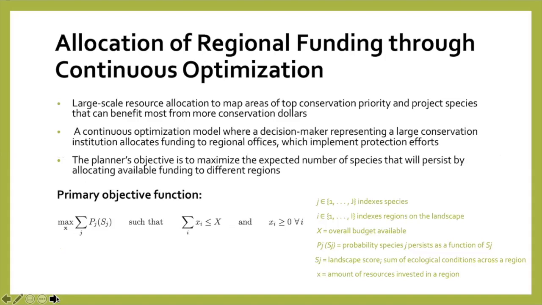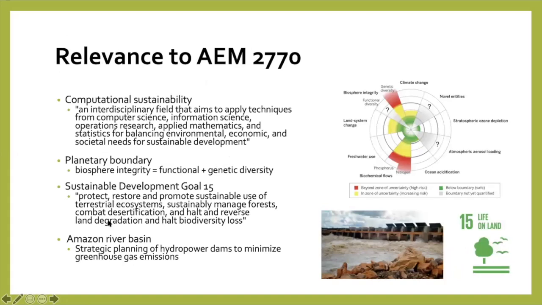The primary objective function shown on the slide aims to replicate the decision realities of a large conservation institution allocating funds across regional offices by considering important deal breakers such as land acquisition costs, future development patterns, budgets, and the presence of threatened species.